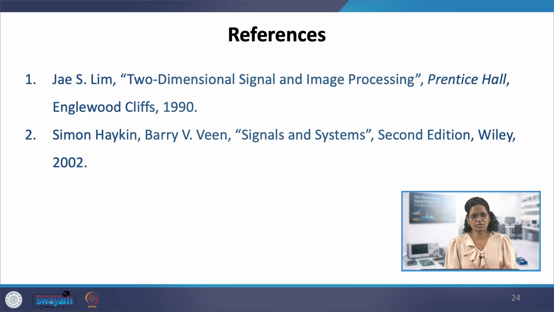If it is convolution in the time domain, it is multiplication in the frequency domain, and if it is multiplication in the time domain, it is convolution in the frequency domain. In both ways we can do this periodic or circular convolution. We have seen an example of computing the DTFS for a 1D sequence, and we have also extended that to the 2D DFS.